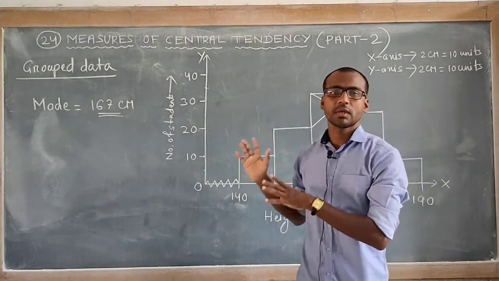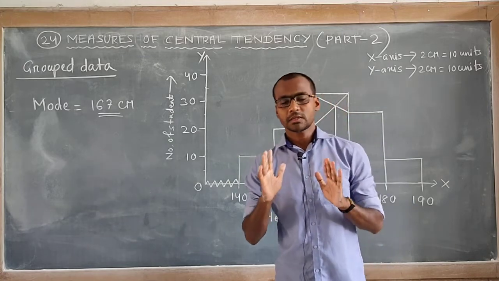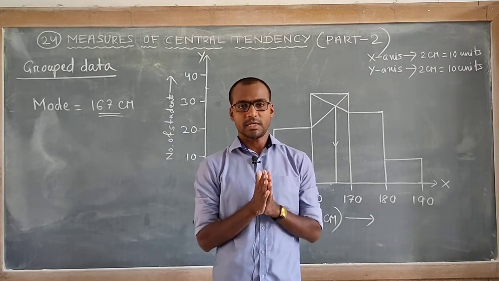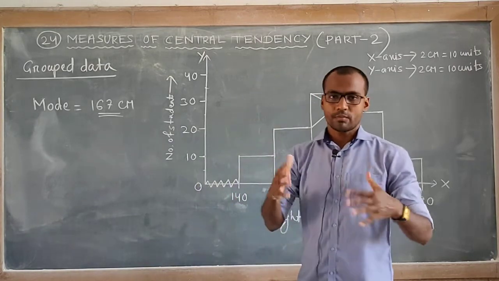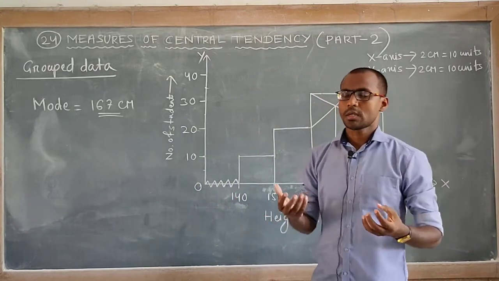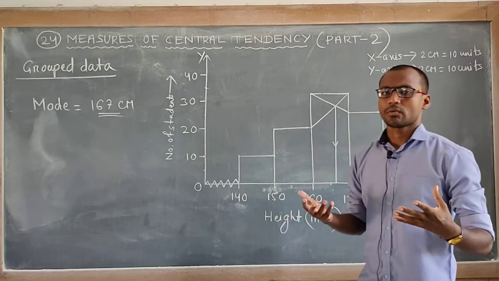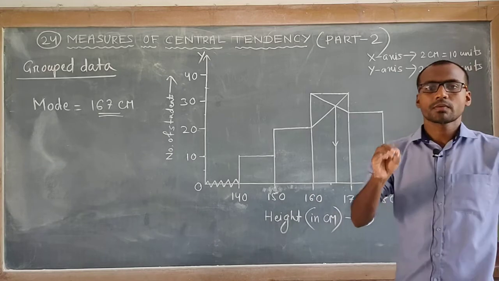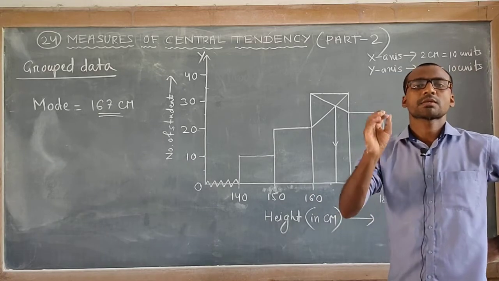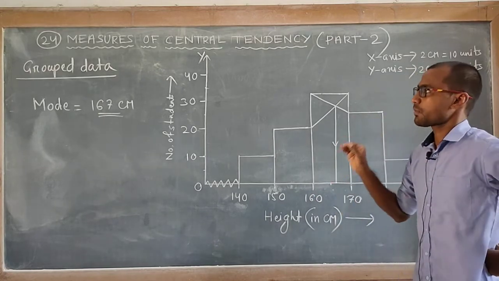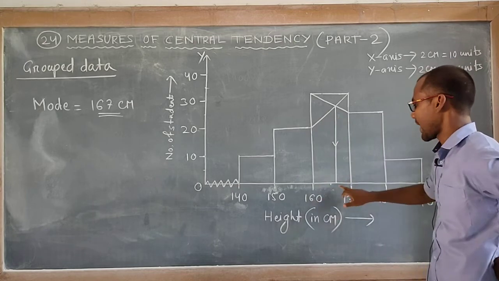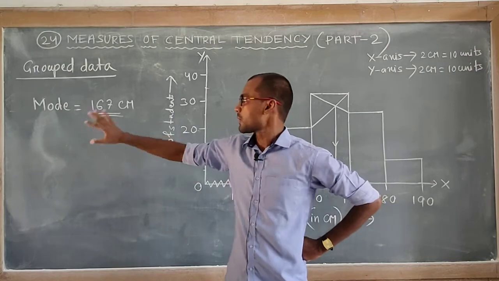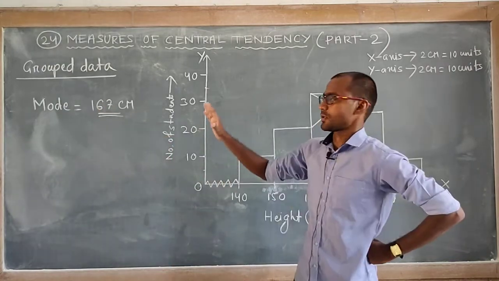Since this is a grouped frequency distribution table, in a grouped frequency distribution table nothing is exact. You don't have the exact information. So approximately we can estimate that the maximum number of students in the class, mode means maximum number, have a height of 167 cm. So this is how to find the mode in case of grouped data.